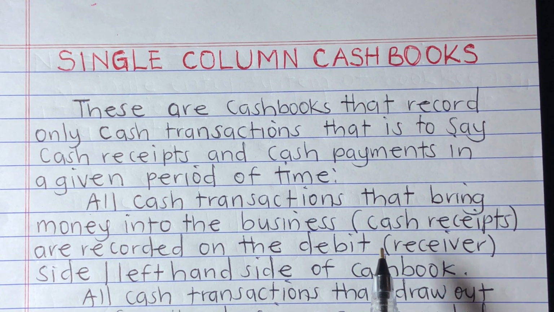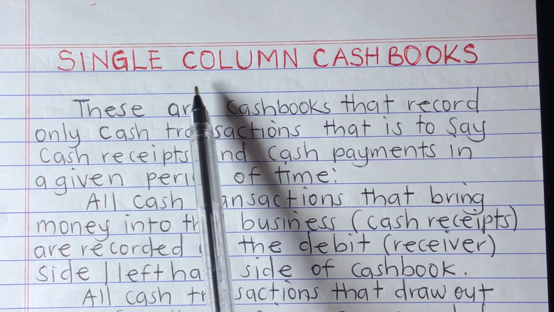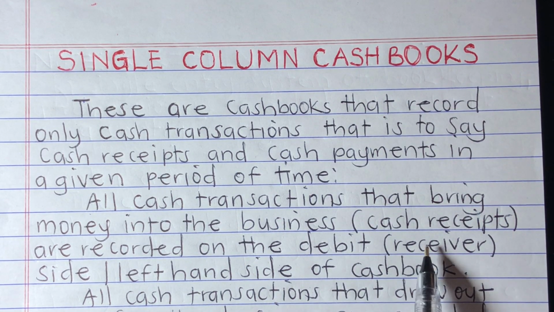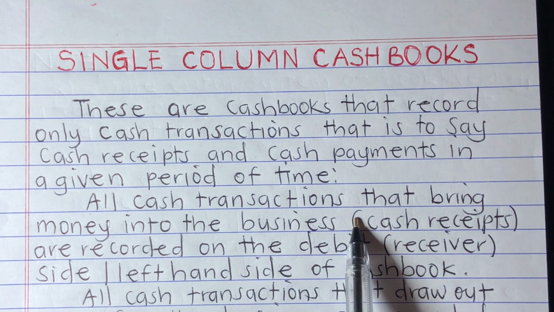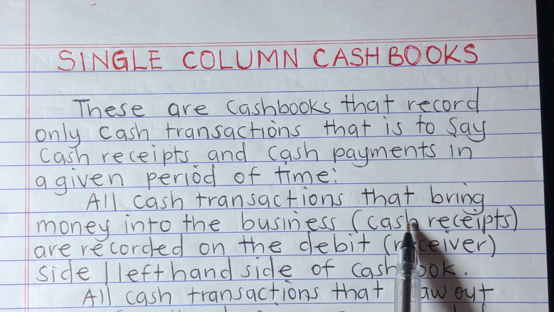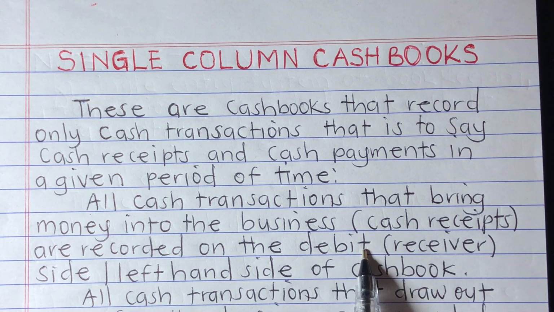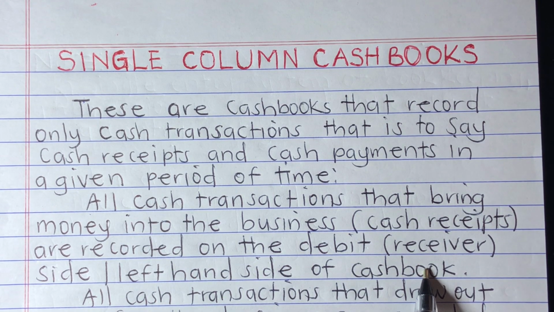It is the left hand side of the single column cash book. A single column cash book is rather a cash account because it records only cash. So transactions like sale of an old vehicle, loans and all of that, any transaction that brings money into the business is recorded on the debit side, the receiver side, or the left hand side of the single column cash book.